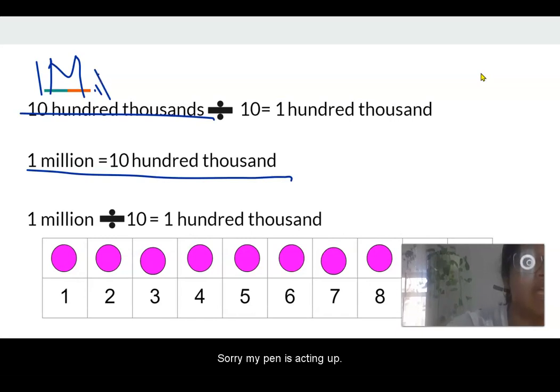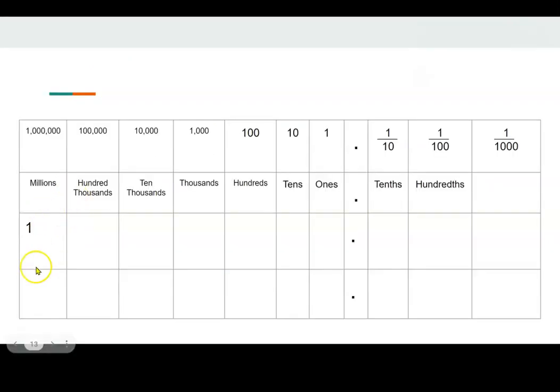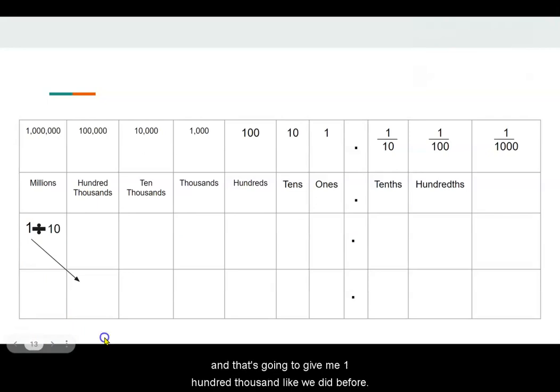Oops, sorry everyone, my pen is acting up. Now I am going to take my 1 million, divide it by 10, and that's going to give me 100,000 like we did before.